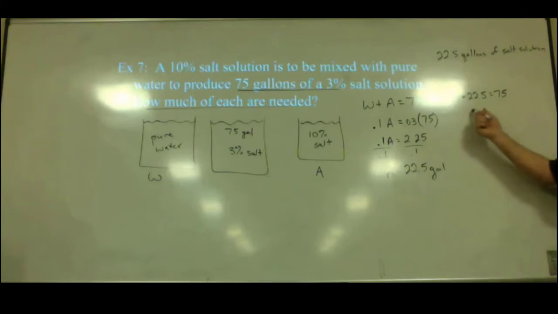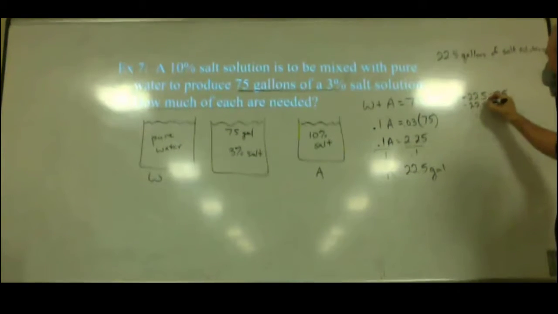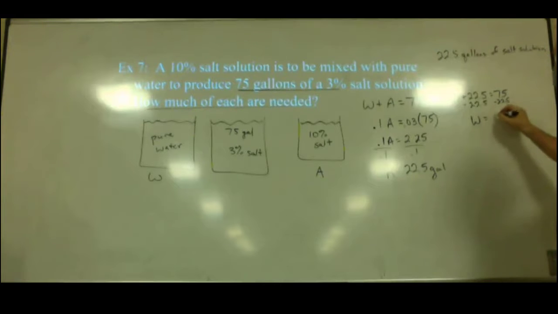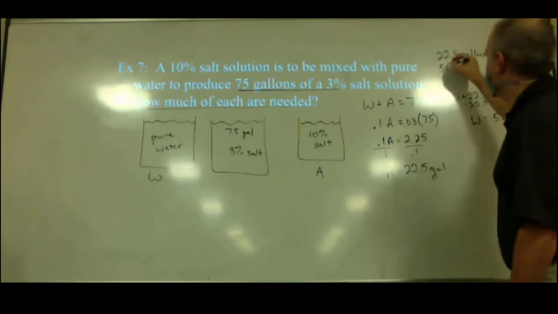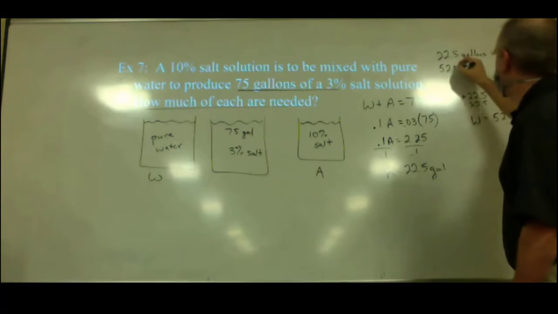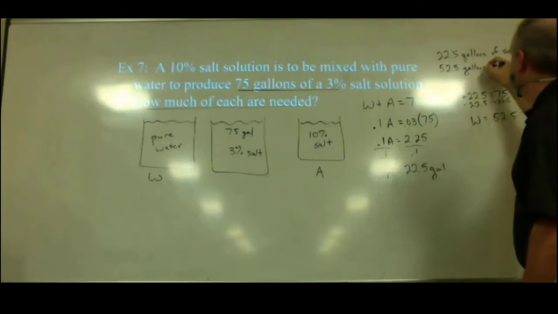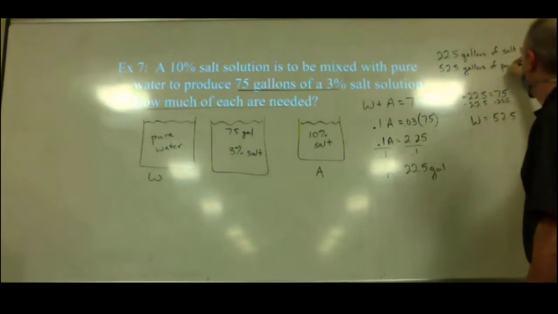But what do we do mathematically? What do we have to do here? Subtract. Yep. Subtract 22.5. We get W equals, I'm going to say 52.5. Is that correct? Okay. So we get 52.5 gallons of pure water.